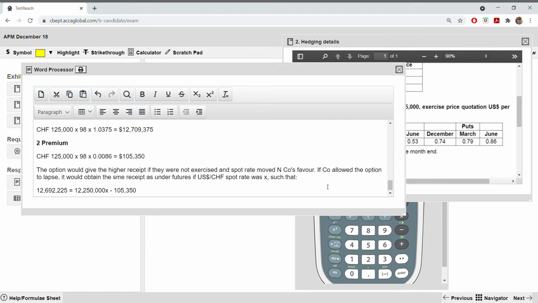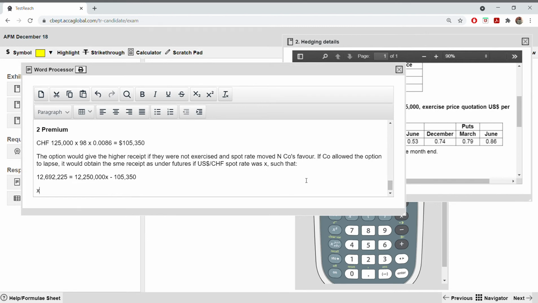Why are we taking X? Because 1,250,000 is in Swiss franc, so you multiply it by the exchange rate. That is X, which we have to find. We don't know the exchange rate. Minus the premium. Okay, so we know how to make X the subject, and then we can find X.